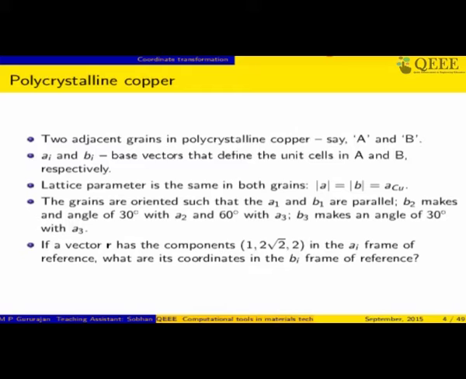So now I have a vector. The important thing to realize is that the vector has its own independent existence. A vector is a quantity which lives in three-dimensional space because it has a magnitude and a specific direction. But when we refer to it, we want to give some coordinates for this vector, and those components or coordinates depend on what your frame of reference is.